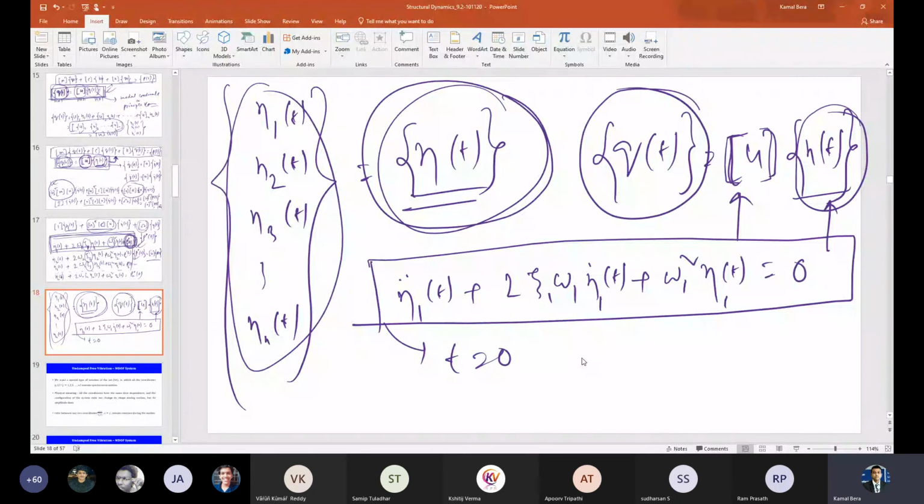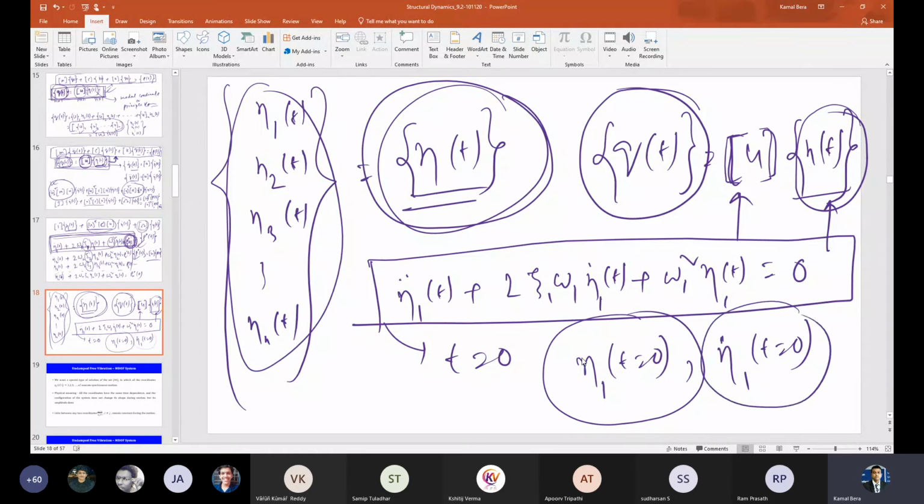You need two initial conditions, eta 1 naught and eta 1 dot naught, that is, eta 1 at t equal to 0 and eta 1 dot at t equal to 0. These two conditions are required to solve this problem.